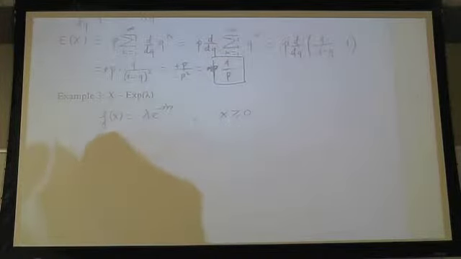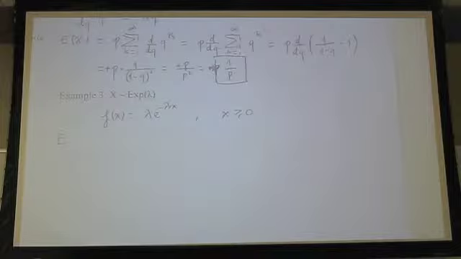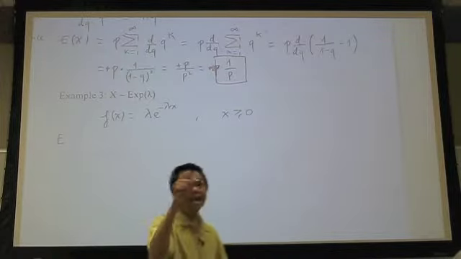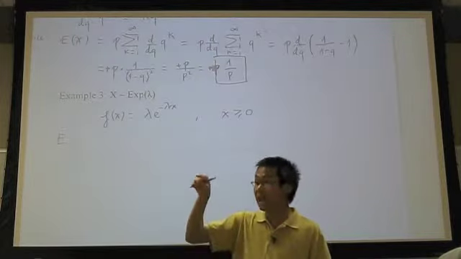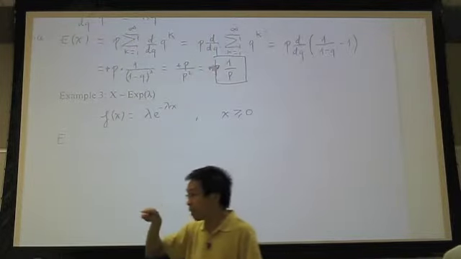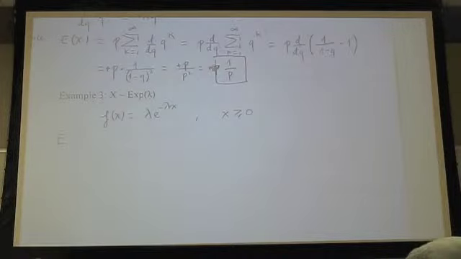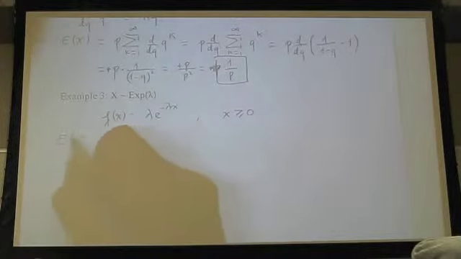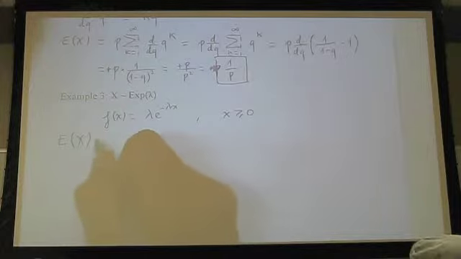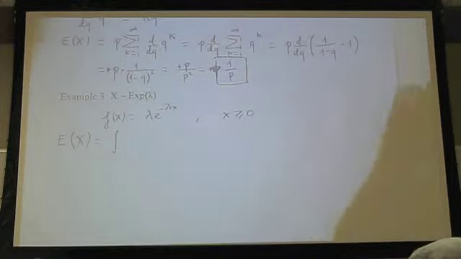Now, this thing right here is not discrete, right? So instead of summing x_i f of x_i, I'm going to do what? The integral of x times f of x. Right? So therefore, the expected value for that random variable is going to be the integral.